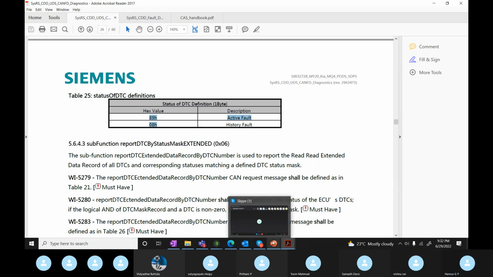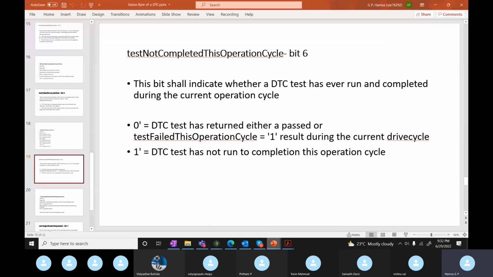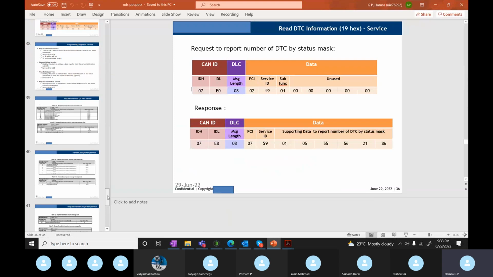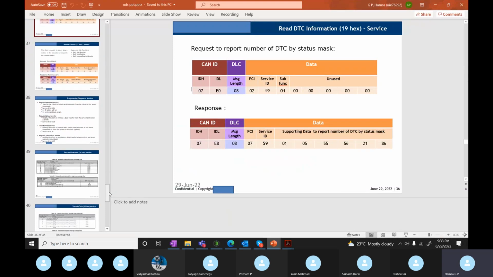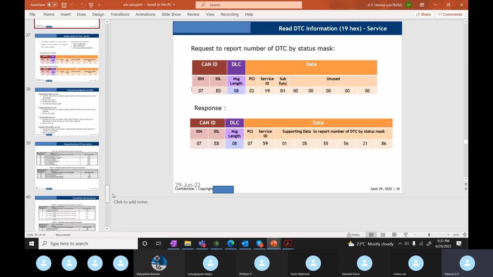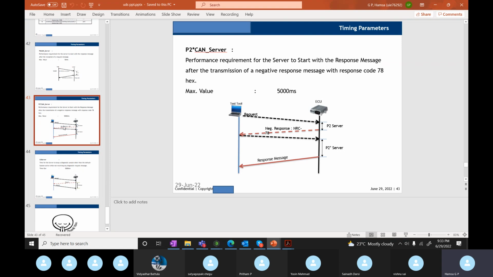Okay. So this is all about the status byte and the 19 service. We have left out the 4 services 31, 30, 34, 36, 37, so we will discuss those and the tester present. The remaining services we will discuss tomorrow.